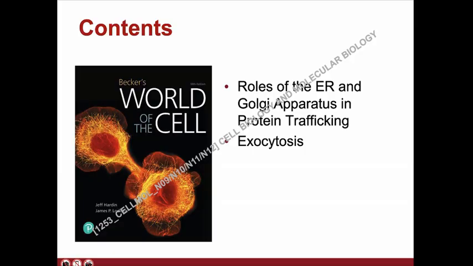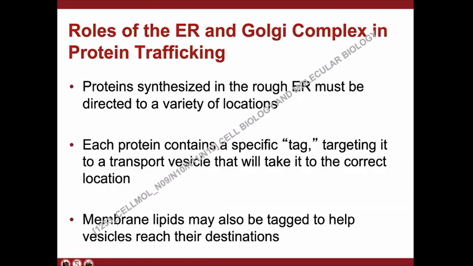But for now, let's continue discussing our trafficking throughout the membrane system. To have a refresher of what we discussed in the previous lecture last week, remember that the proteins that were synthesized in your rough endoplasmic reticulum, take note of the difference between the two, rough and smooth.